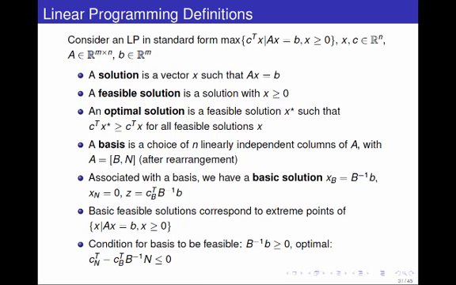So when I'm trying to write out the objective function as a function of the non-basic variables, basically what I get is a constant term, which I don't care about. This doesn't change as the x_N's change. And then I get (c_N transpose minus c_B transpose B inverse N) x_N. So as I'm playing with my x_N's, this is what is happening to my objective function.